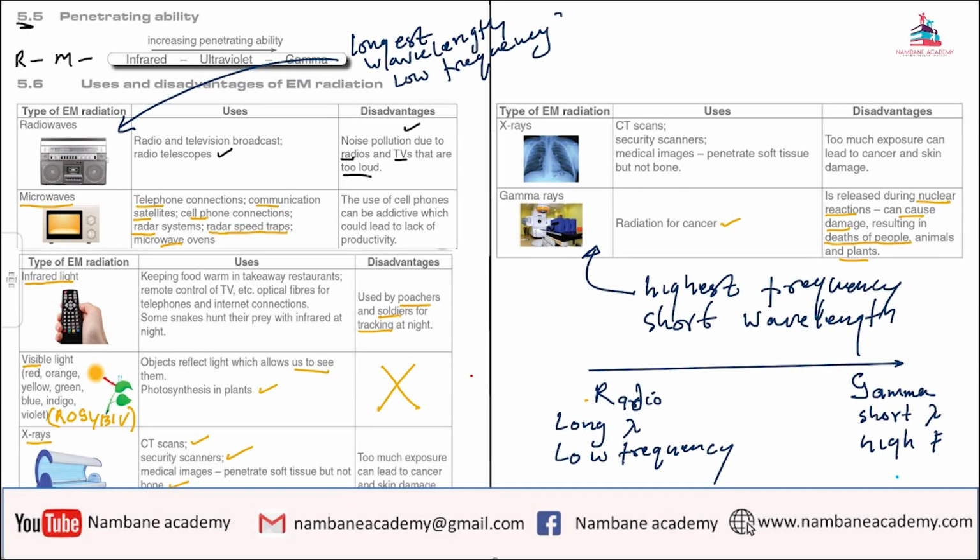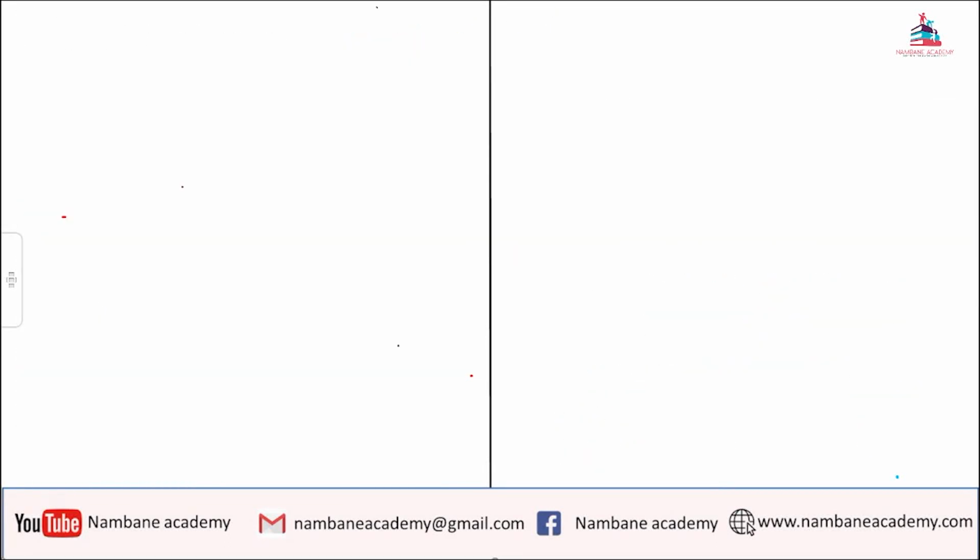Possible questions because when you look into this, the only thing that is left is for us to talk of Planck's constant. And what is Planck's constant?